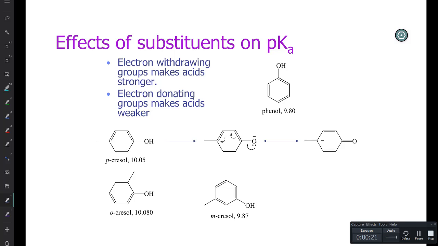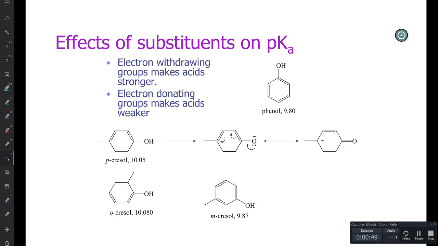And then if you look at electron donating groups, so those would be the alkyl substituents, for example, those tend to make acids weaker because the substituent makes the ring more negatively charged, and as a result, tends to destabilize the anion, and as a result, it tends to make the acids weaker.